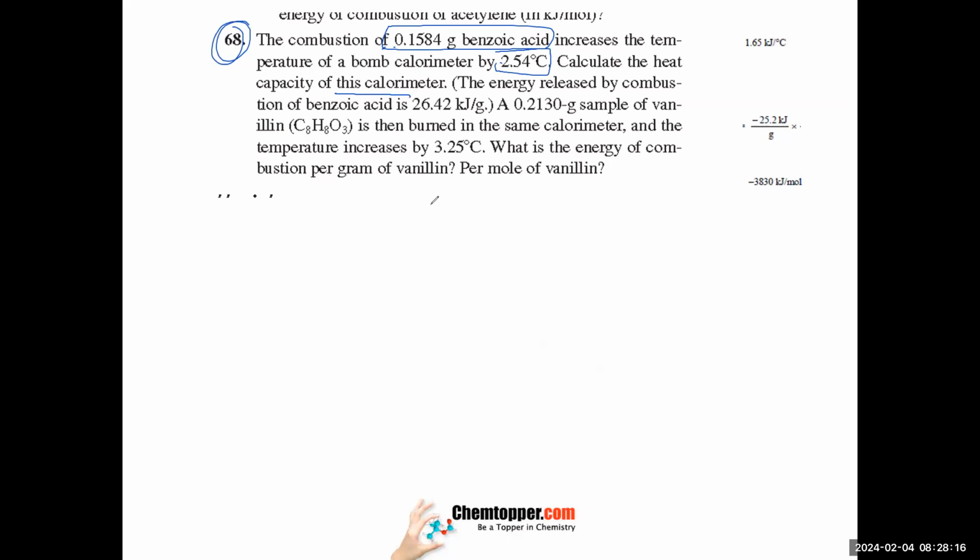So I will use this equation: Q of the water equals C times delta T. Delta T is given, 2.54. But Q of the water is not given. But delta H of the reaction is given. See here, combustion is this, in kilojoules per gram. So don't worry about the formula. Can you see the unit here?